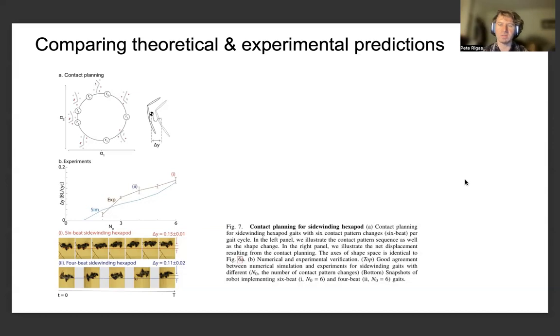In this case, from figure 7 of the GOC paper, the authors provide a contact planning for the sidewinding hexapod, where the hexapod undergoes some type of motion, which they call sidewinding, which we had described previously: the hexapod robot can induce some motion to help it explore its trajectory or its environment through some fixed trajectory and contact plan by winding one component of its body, which would then introduce a trajectory along the other remaining components of the body.